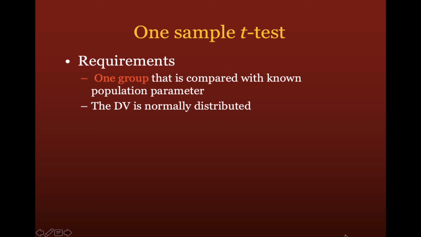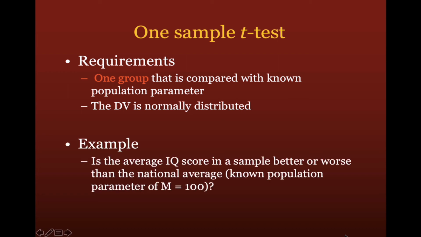So we're comparing the scores of our group to what we know to be the mean for the population, which is 100. And again, for all these examples for a t-test, the dependent variable is normally distributed. So again, our example here is you give people an IQ test and you compare their scores on that IQ test to the known population, which is 100.